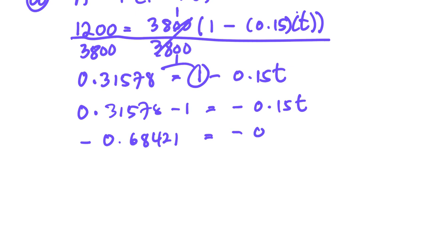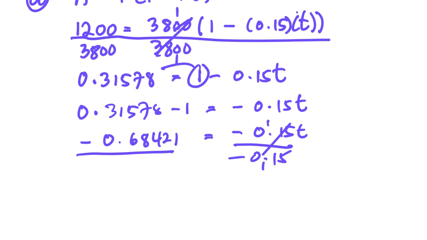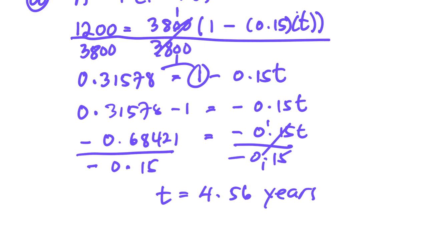Then still this is going to be negative 0.15t. Now we're going to divide both by negative 0.15 in order to isolate the t. That's going to just be 1, and this is going to be negative 0.15. So the final answer here is going to give you 4.56 years. Okay, that's the first answer.